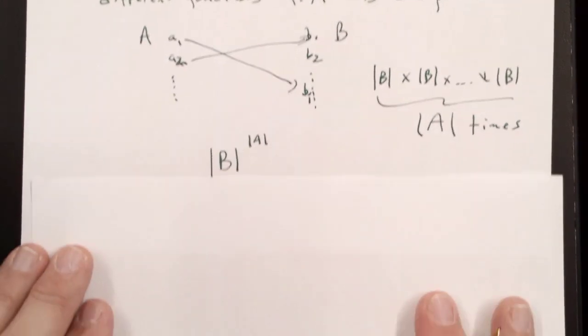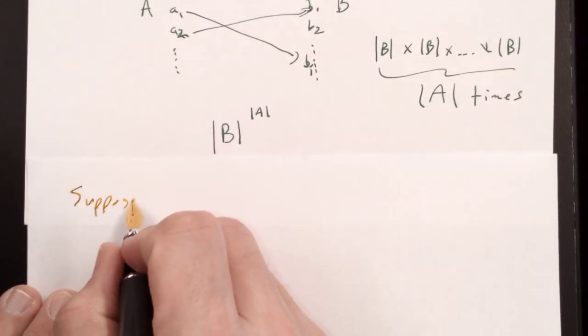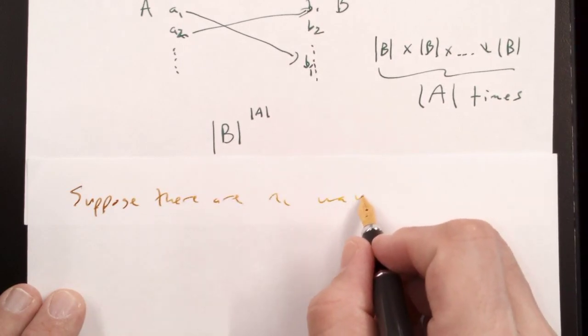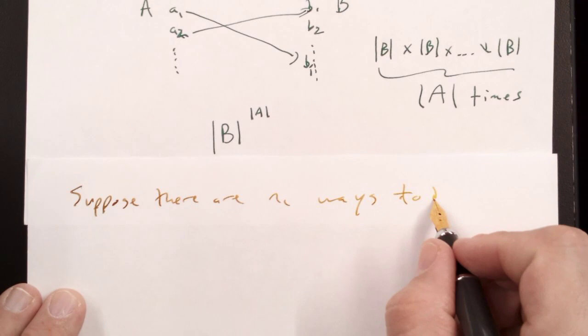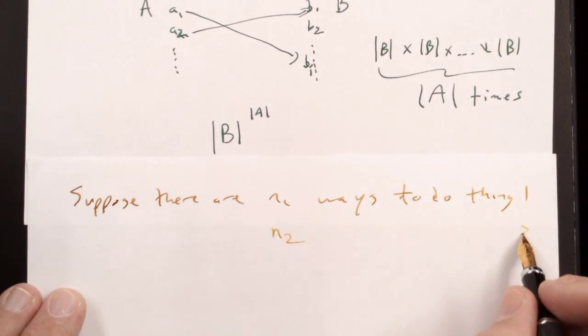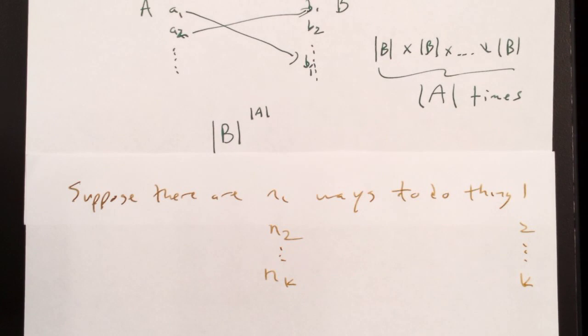Suppose I want to do, and there are n1 ways to do thing 1 and n2 ways to do thing 2, all the way up to nk ways to do thing k.